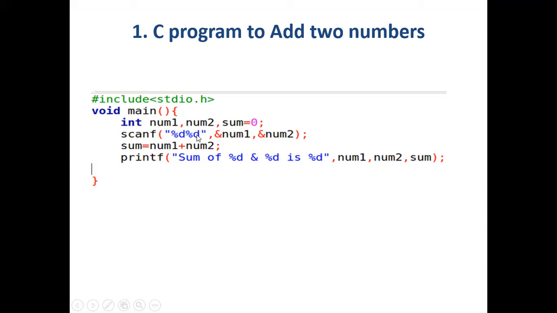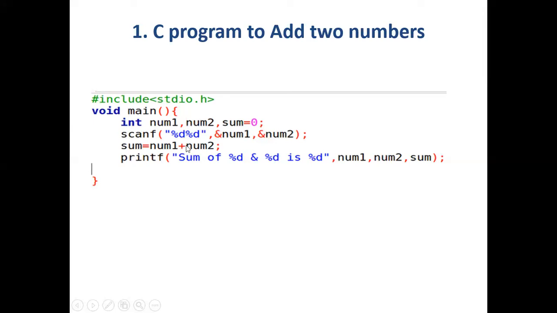And we are going to read the values for these two variables using the predefined scanf function. So here the percentage d specifies the format specifier for an integer number. The first d represents number 1 and the second d represents the number 2 variable. Then we have two different values in these two variables.